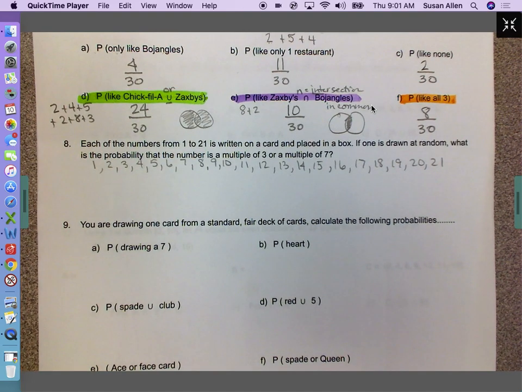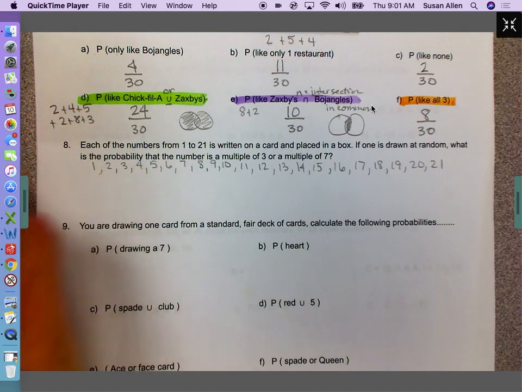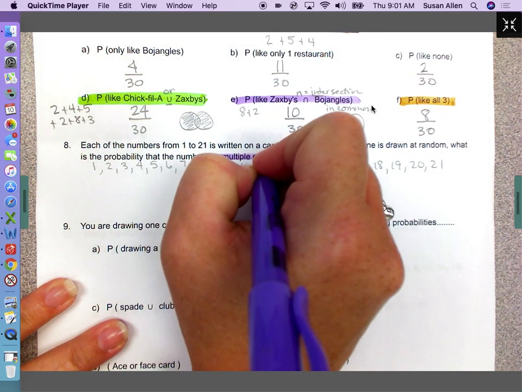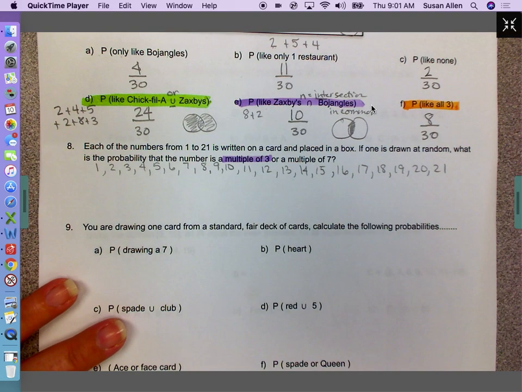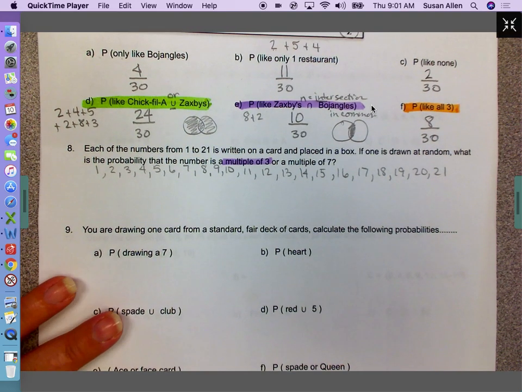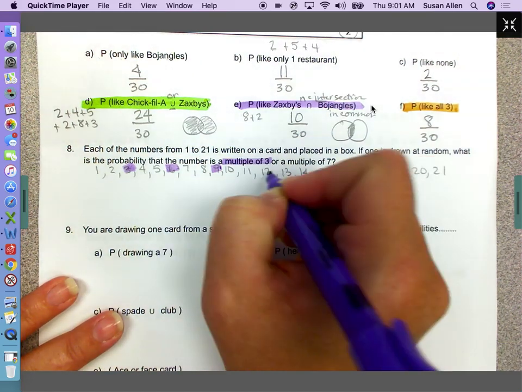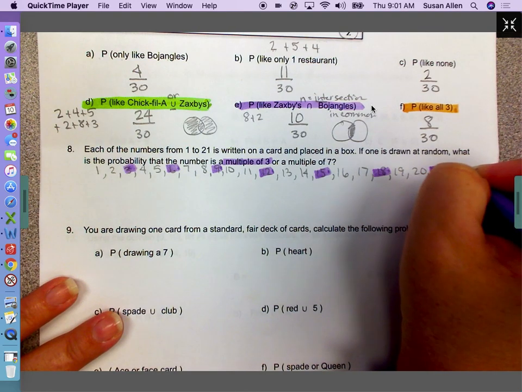So now we are asked, if 1 is drawn at random, what is the probability that a number is a multiple of 3 or a multiple of 7? So I'm going to highlight multiple of 3 in one color, and I'm going to highlight all the numbers that are multiples of 3. I have 3, 6, 9, 12, 15, 18, and 21.